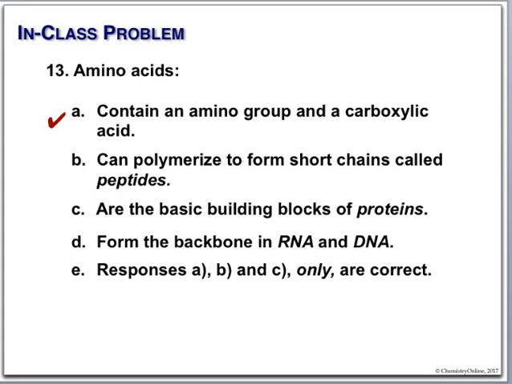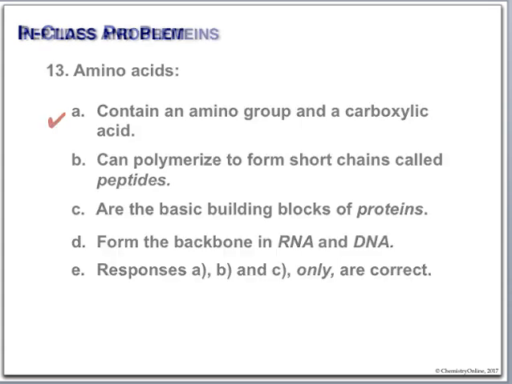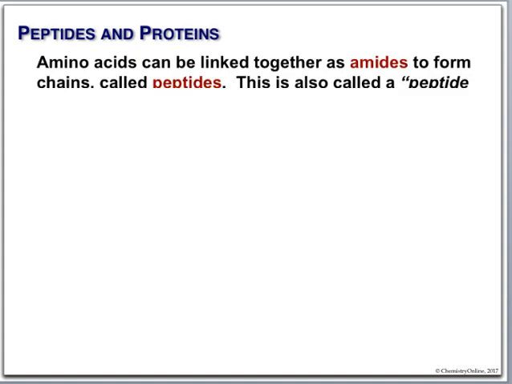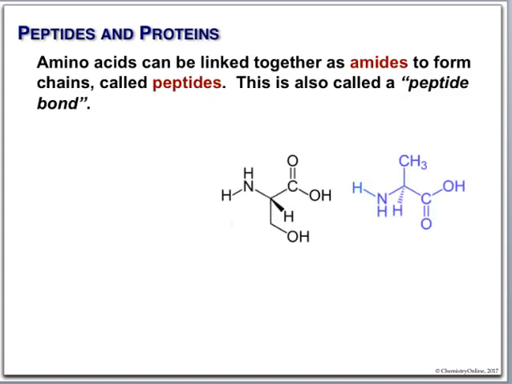Secondly, they can polymerize into short chains called peptides. We've heard of things called human growth factor, whatever. That's a peptide, right? Those are peptides. Going back to our amino acids, here we have alanine and serine once again. To make a peptide, you simply need to hook these guys together.